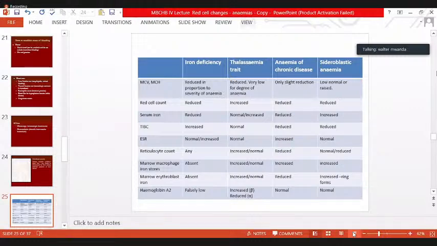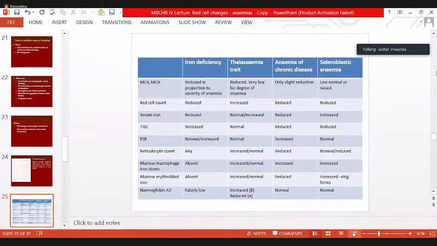These can be differentiated by the various parameters that are evaluated. The major parameters are MCV and MCH. These may not discriminate the causes of microcytic hypochromia.